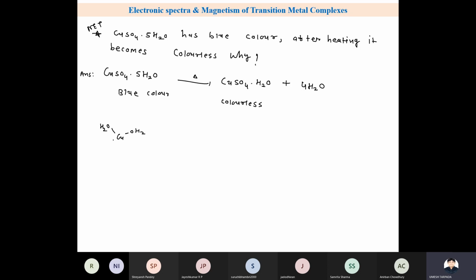See, CuSO4, OH2, OH2 here. You can see this type of structure where the SO4 group is there, and this type of hydrogen bonded structure is there.